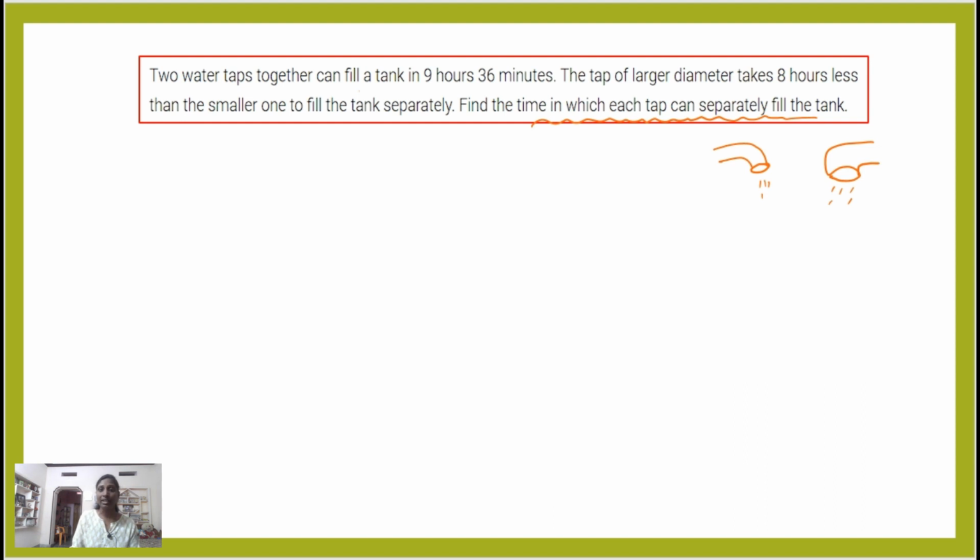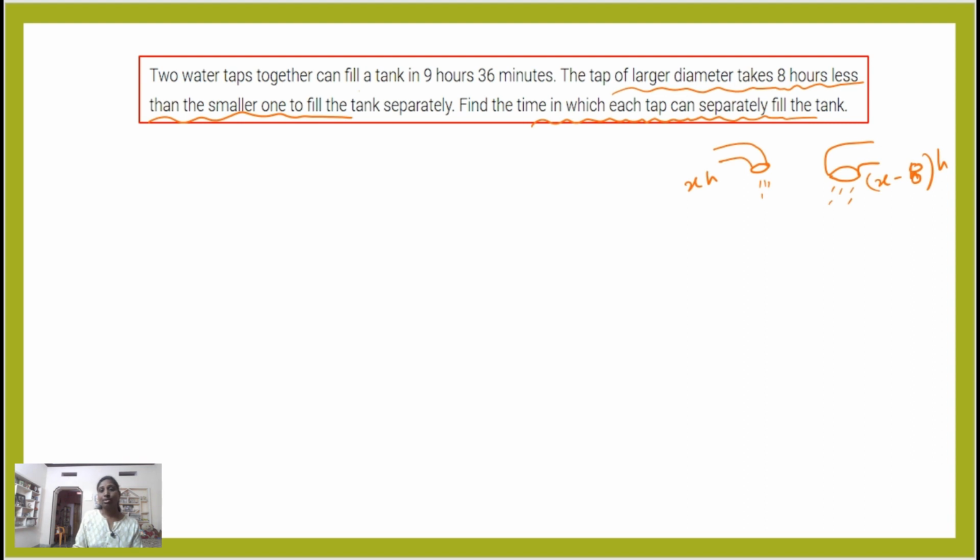Let the smaller tap take X hours to fill the tank separately. Then the larger tap will take less time. It is given that the larger diameter tap takes 8 hours less than the smaller one to fill the tank separately. So it will take X minus 8 hours.